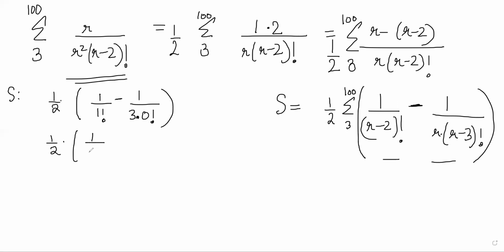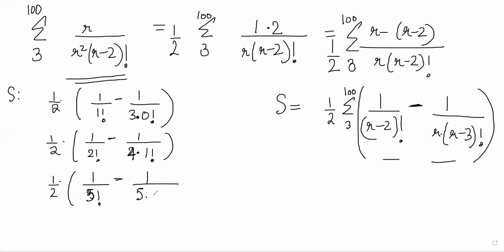Half into 1 by 2 factorial minus 1 by 4 into 1 factorial, right? And then we have 1 by 3 factorial minus 1 by 5 into 2 factorial. Okay, right now I'm not seeing any pattern.